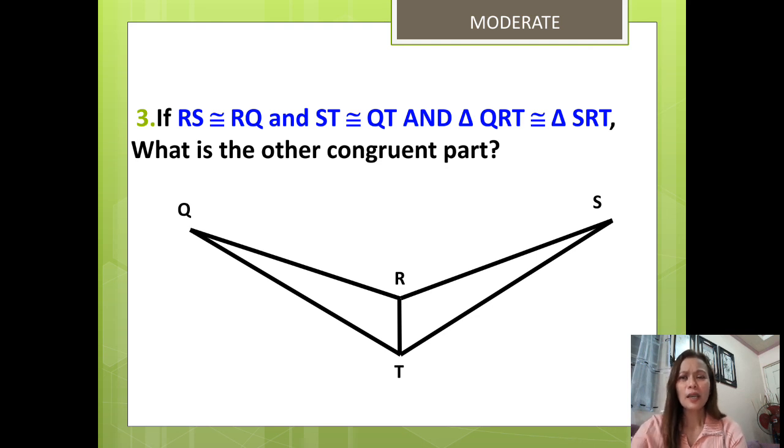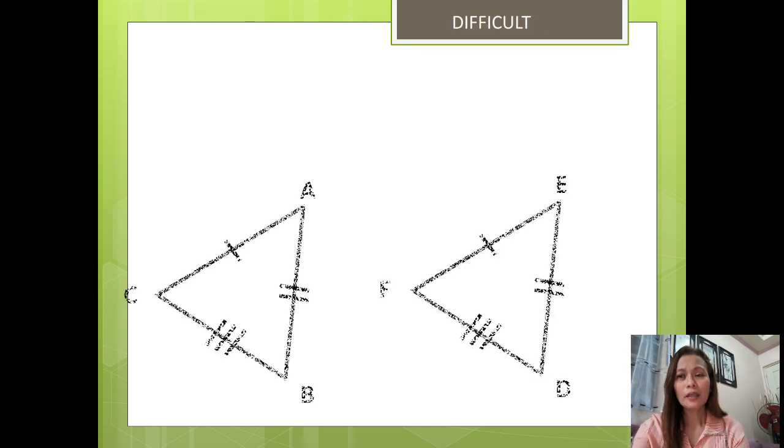So obviously, the other congruent part is side RT is congruent to side TR. Obviously, there is a common side between two triangles. And that is SSS.